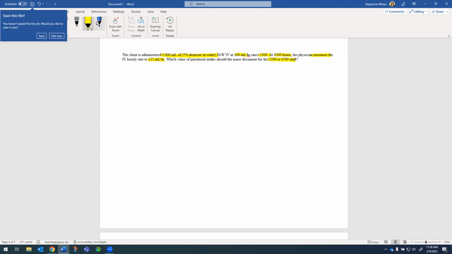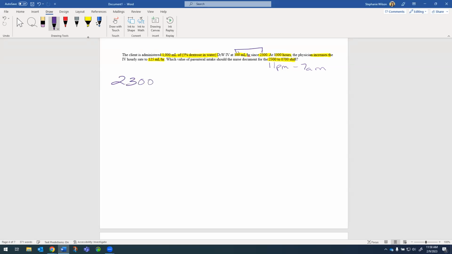So the nurse is on this shift here, right? Which is 2300 to 0700, meaning 11 p.m. to 7 a.m. We know that at 11 p.m., 2300, they had a flow rate of 100 milliliters per hour.